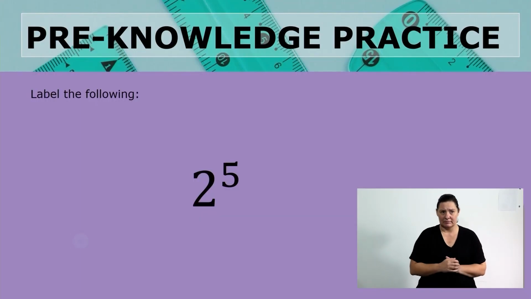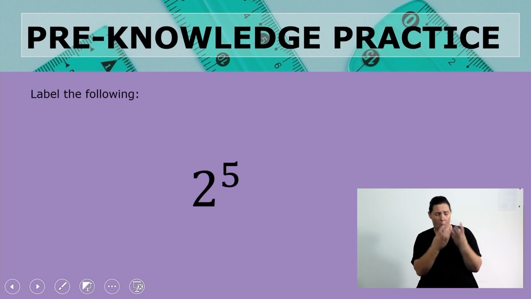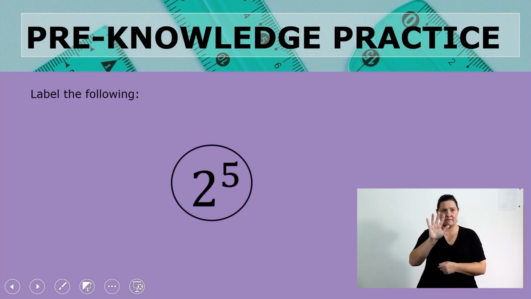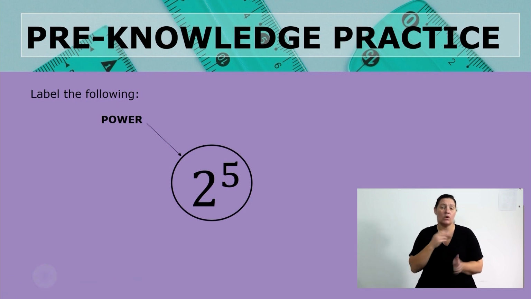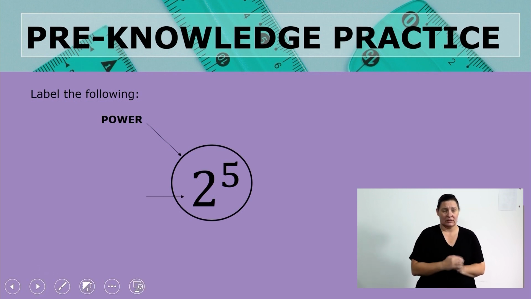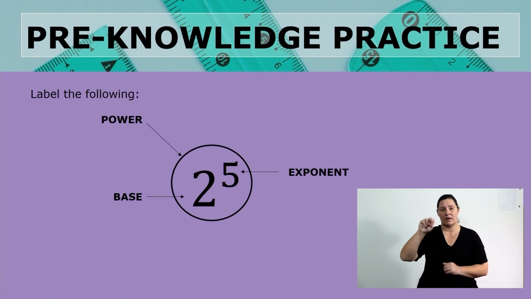Label the following. When we are looking at the whole expression, this is called a power. Then when we label each of these numbers individually, the 2 is the base and the 5 is called an exponent.